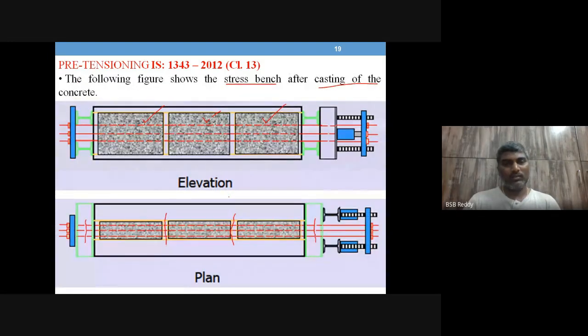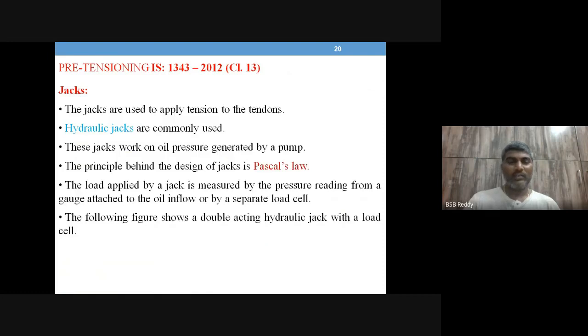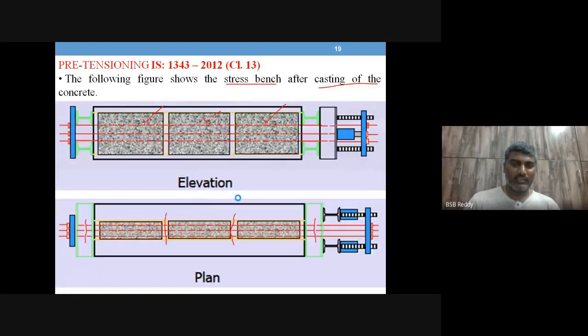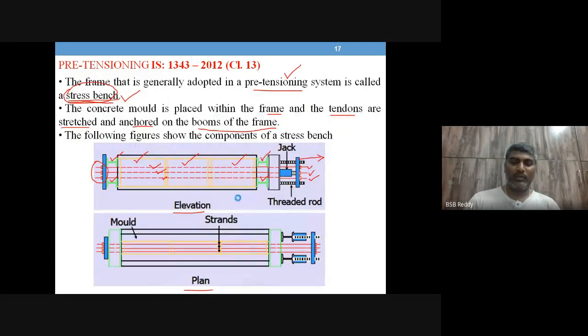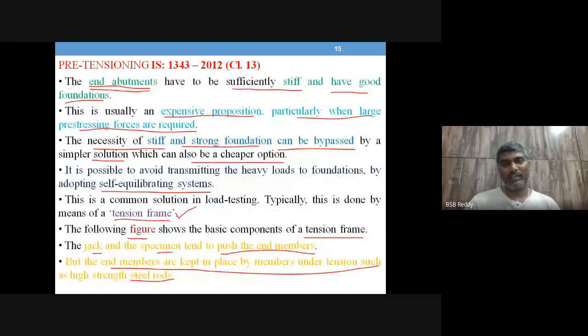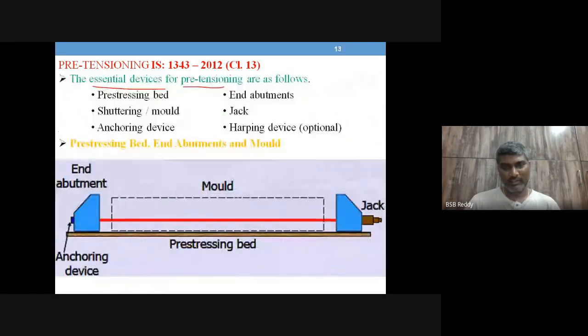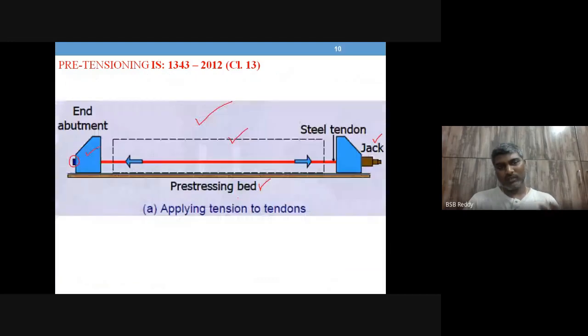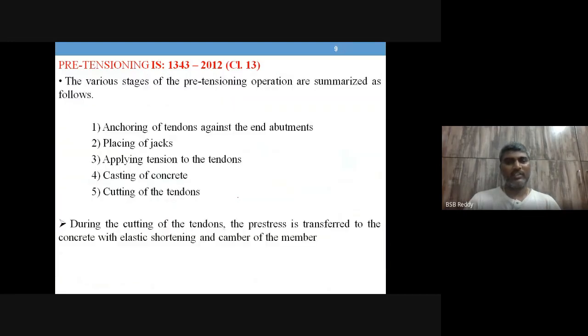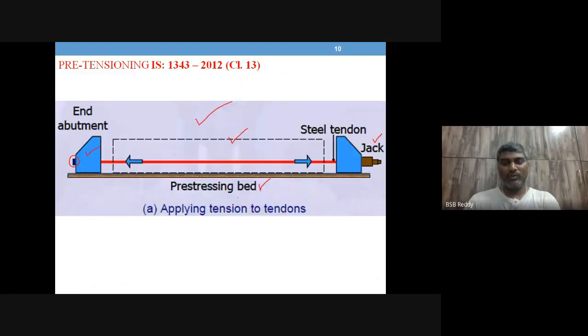So you have to practice all these diagrams to draw at least in line diagram nature, so that you can better present them whenever you are asked to explain the pre-tensioning system. And when you are asked for explaining the pre-tensioning system, it is enough if you just produce abutments with one such mold.